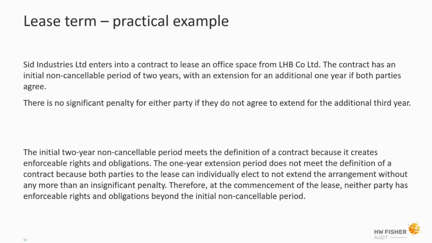So thinking back to what we've just gone through, the initial 2 years is a non-cancelable period. It meets the definition of a contract because it creates enforceable rights and obligations. However, the 1 year extension period doesn't meet it. It doesn't meet the definition of a contract because both parties to the lease can individually elect not to extend the arrangement without any more than an insignificant penalty.